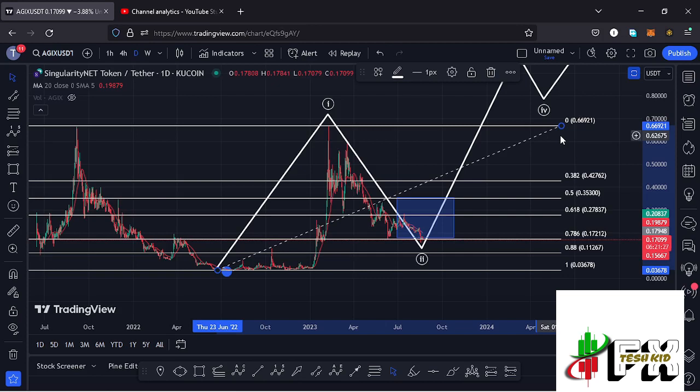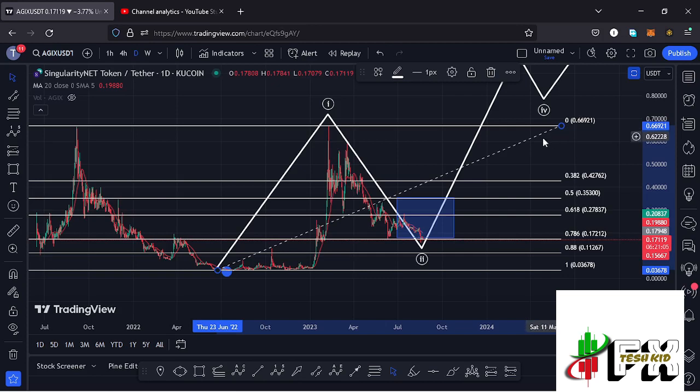And if by any chance we lose it, then the next area that we need to continue holding is the Fib level 0.88, and that is at around the $0.11267 mark. And as long as you continue holding above the Fib level 0.78 and the Fib level 0.88, we can still expect higher prices.